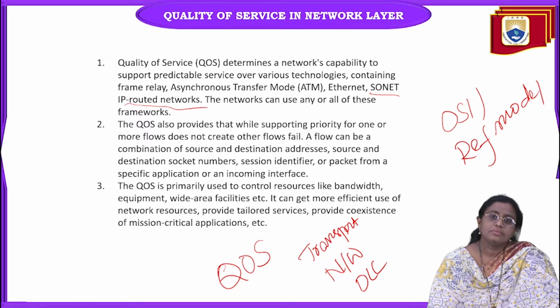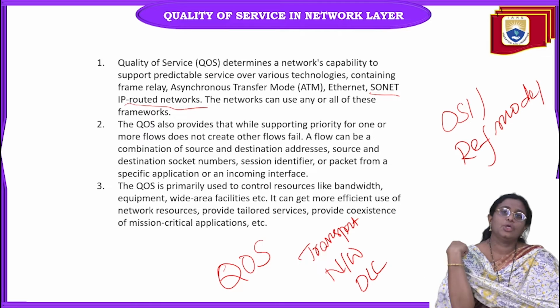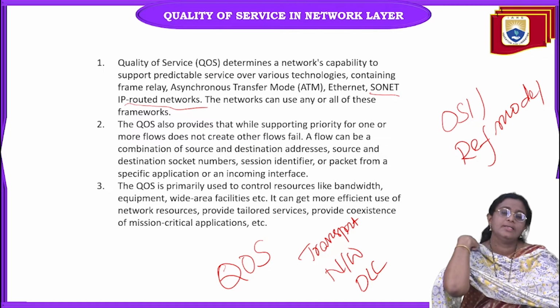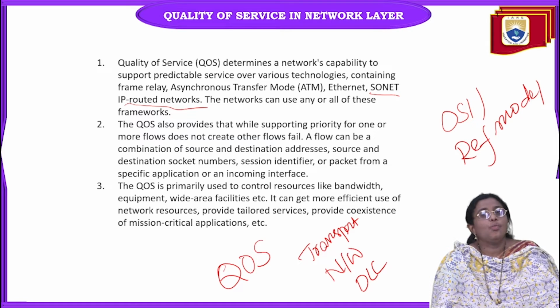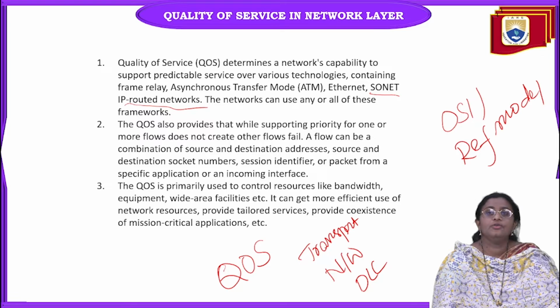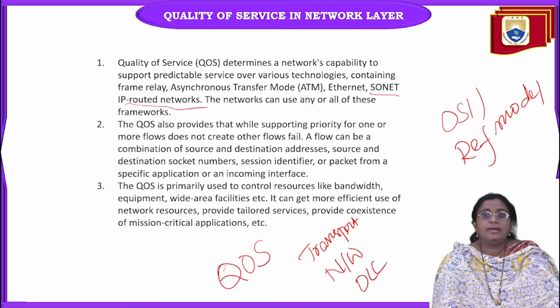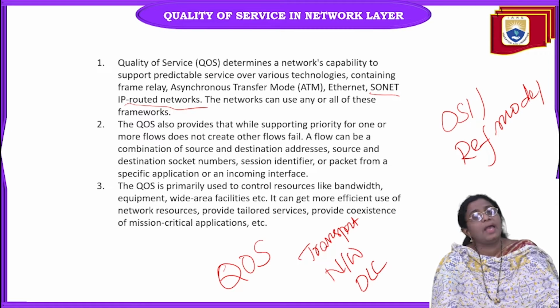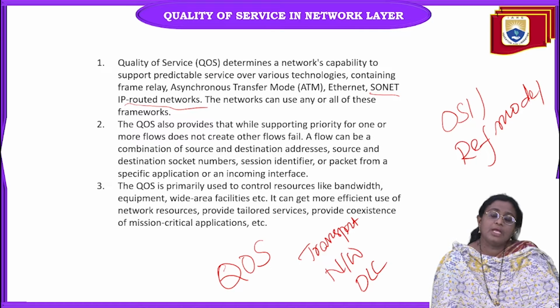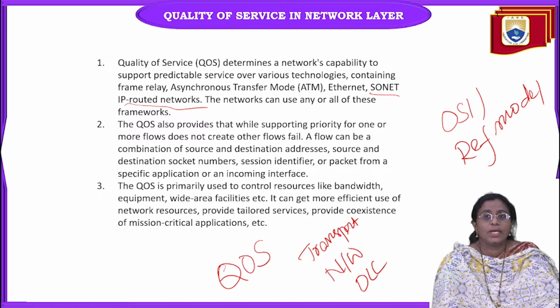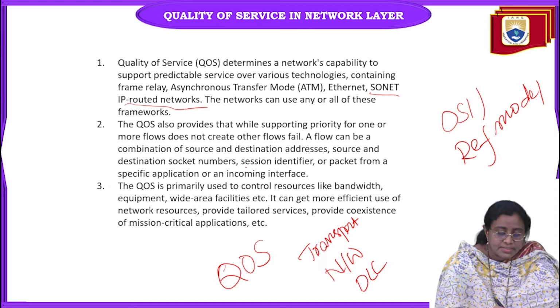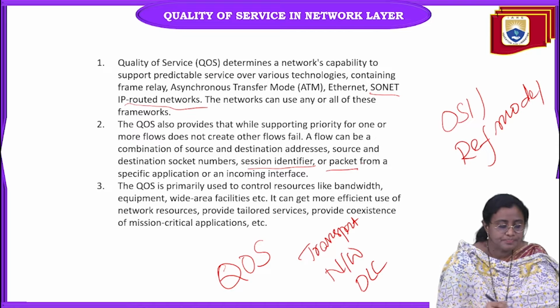Secondly, QoS also supports priority, where one or more flows do not cause other flows to fail. A flow can be a combination of packets sent along a selected path from one source to another destination, where the source and destination have addresses, such as packet addresses, IDs and socket numbers, along with a session identifier, or packets from a specific application or an incoming interface.